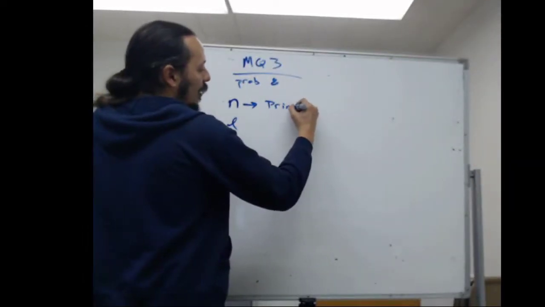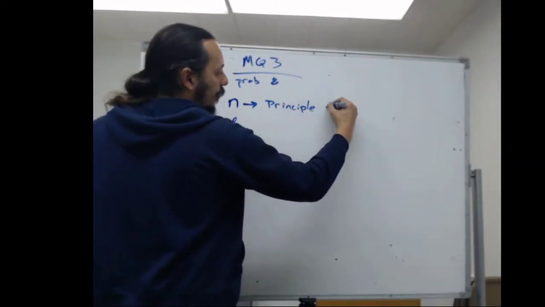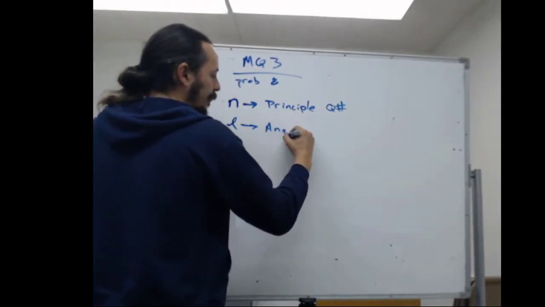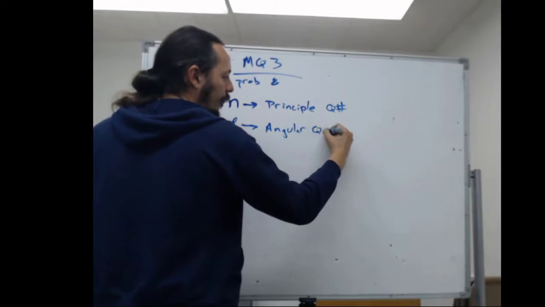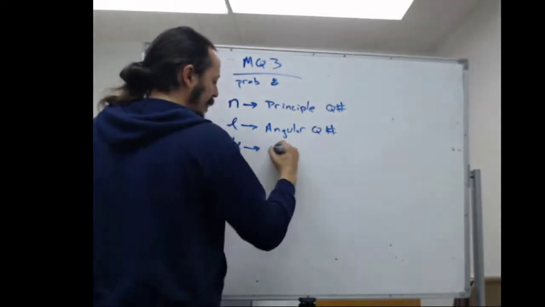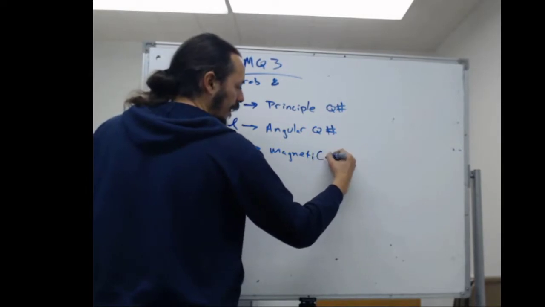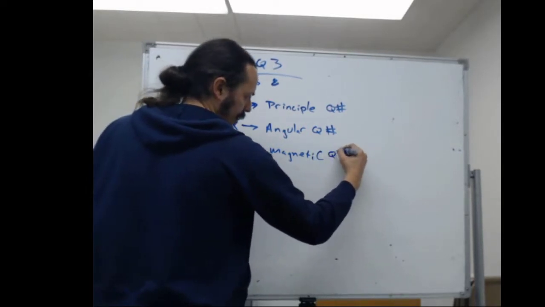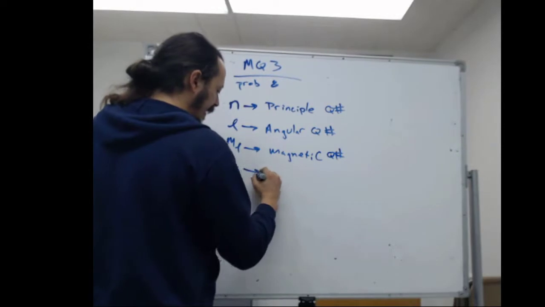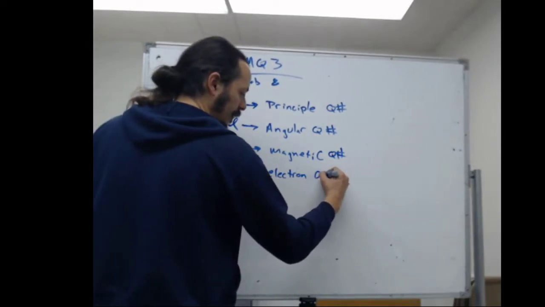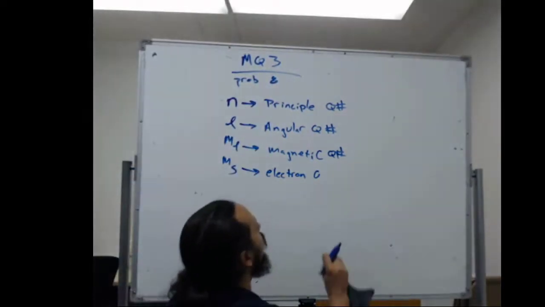This is the principal quantum number. This is the angular quantum number. This is the magnetic quantum number. And this is the electron spin.